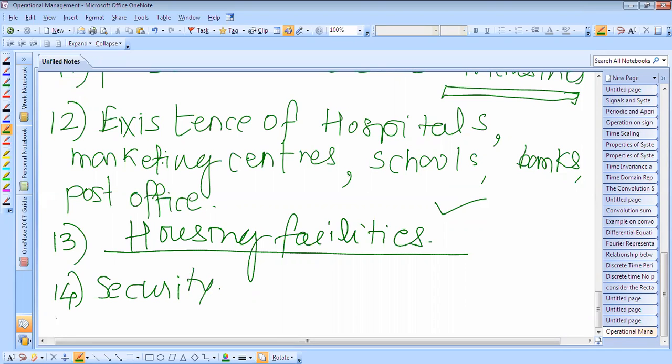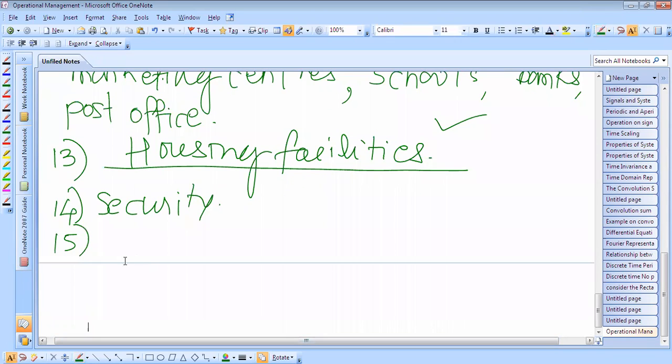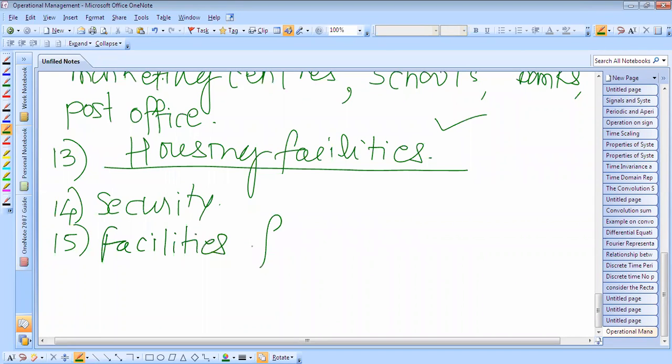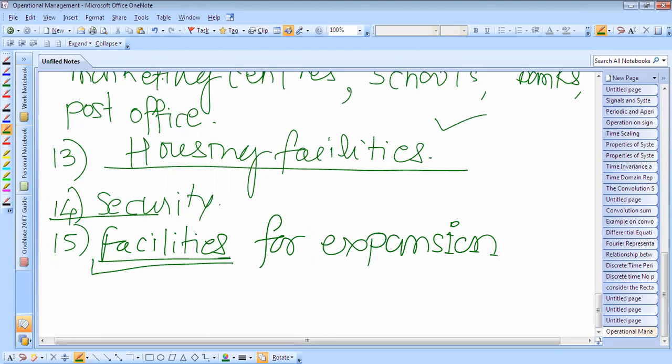facilities for expansion. Suppose we have installed a plant, and if we have to expand that plant further, whether there is a facility to expand your plant or not, that we have to also check.